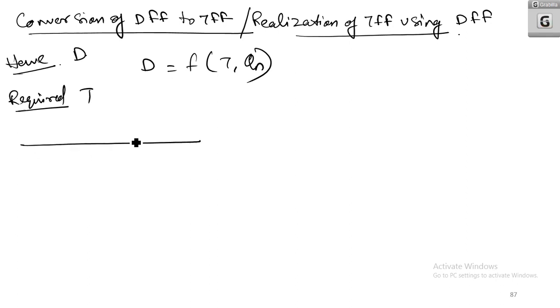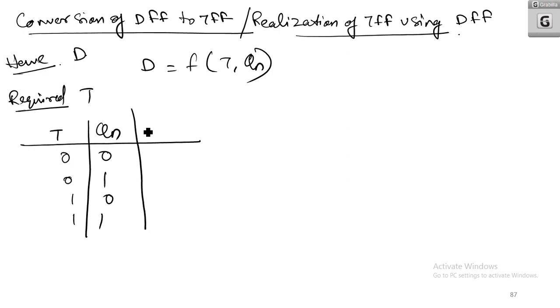So first of all, let us draw the two tables. What we have is T and Qn. So you can have 0, 0, 0, 1, 1, 0, and 1, 1. Now what is Qn plus 1 in that case?